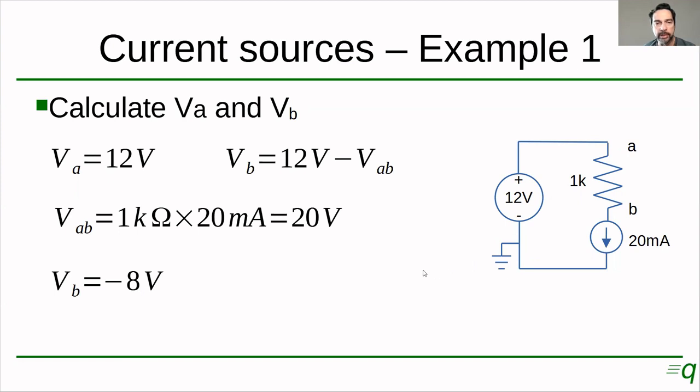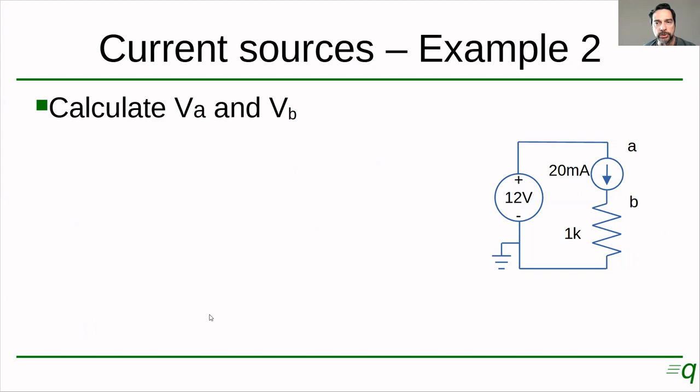This is a little bit different, right? And we're going to see why in a little bit, okay? For now, the only thing I want you to focus on is how to solve the circuit, right? And you may end up with negative values here. We'll see what that means in a few minutes.